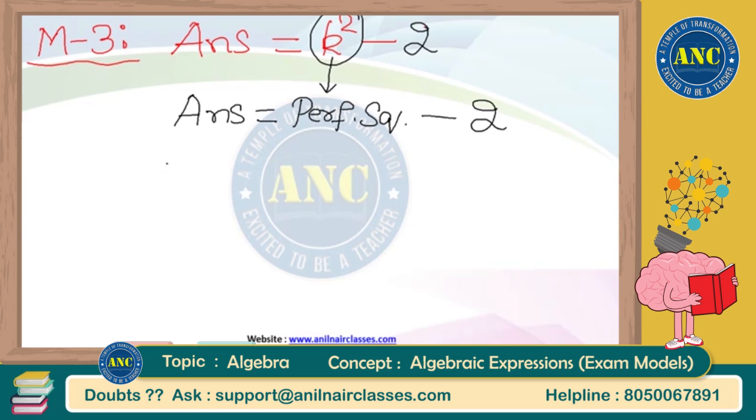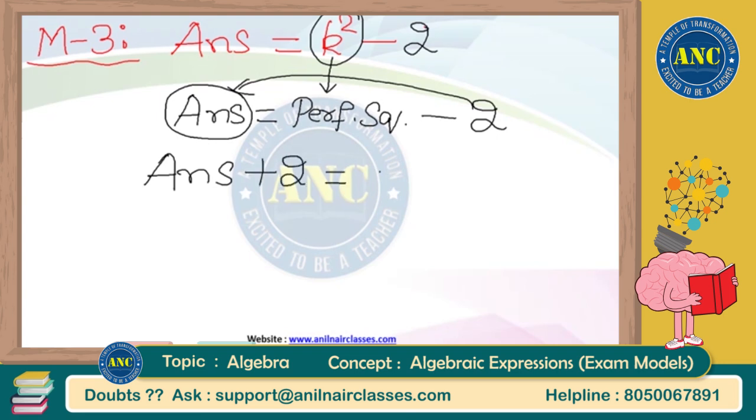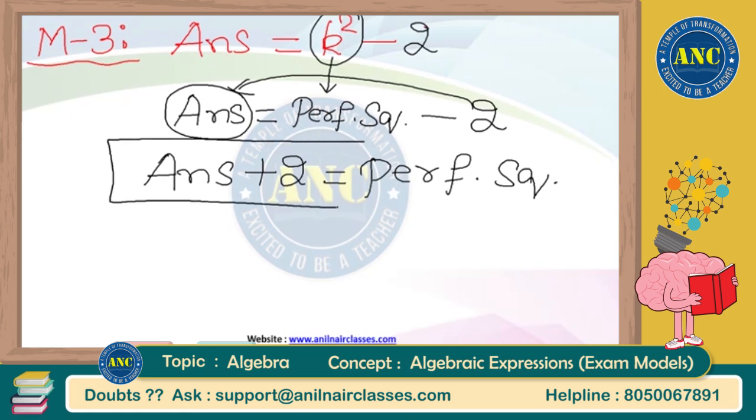Or I can say that whatever answer you have in your answer options, add 2 to it. Shift that minus 2 to the right hand side. When you add 2 to the answer options, that should give you the perfect square. That should be the answer.